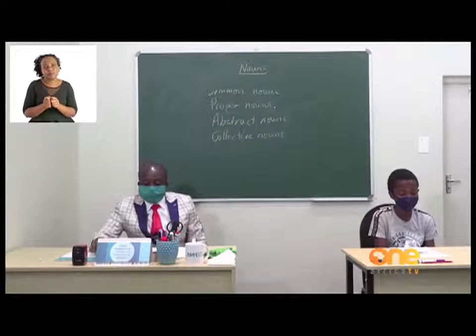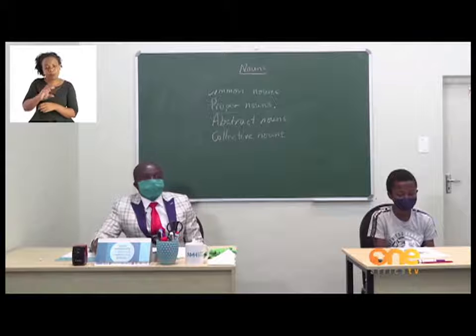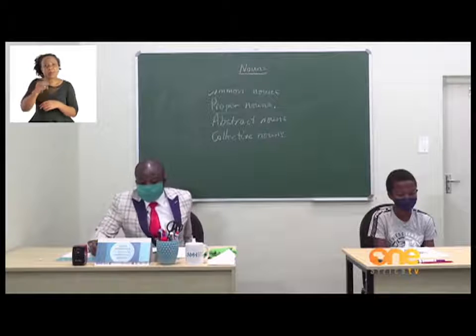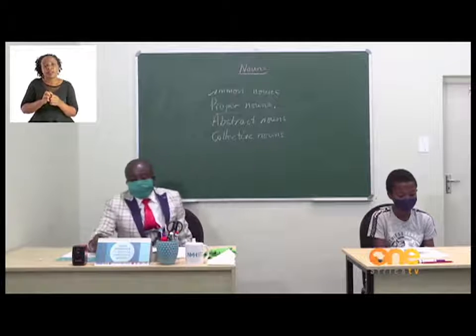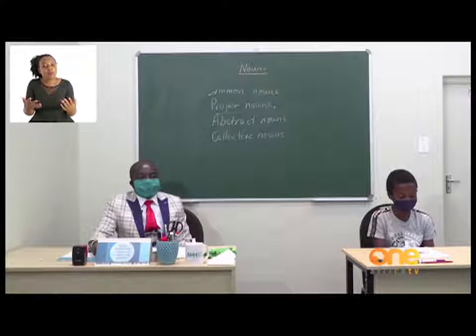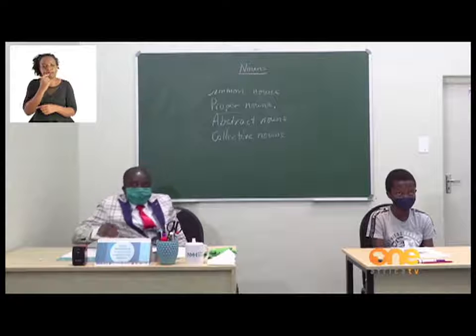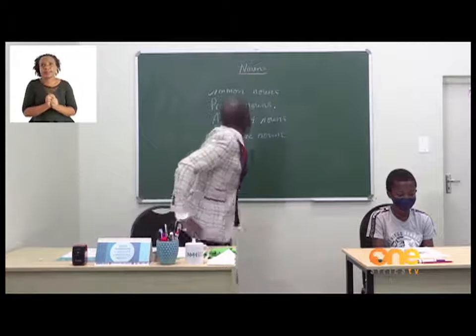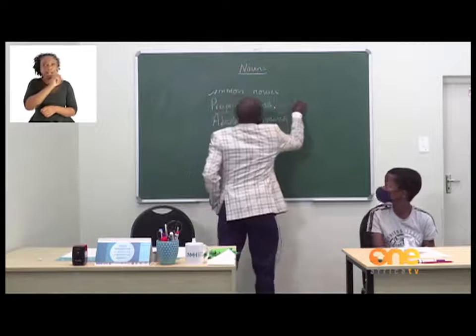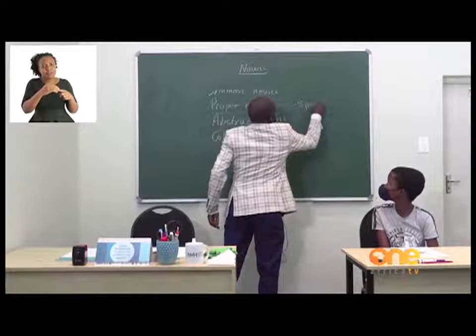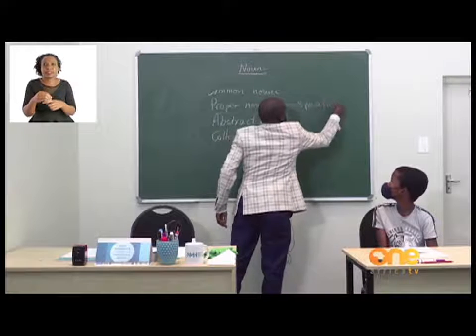I explained the common nouns and the proper nouns, and we said the difference is proper nouns are specific names. Let me write this on the board. Proper nouns are specific names.